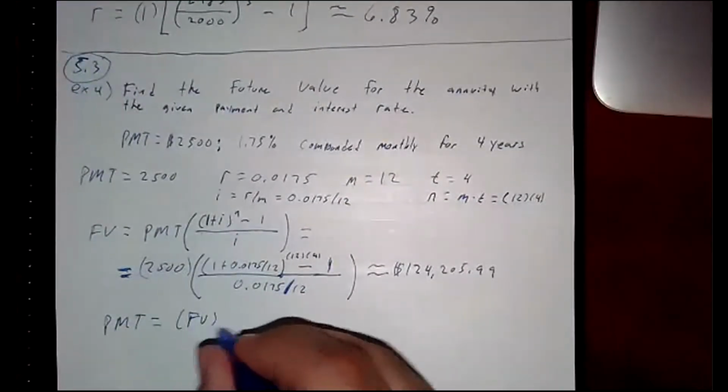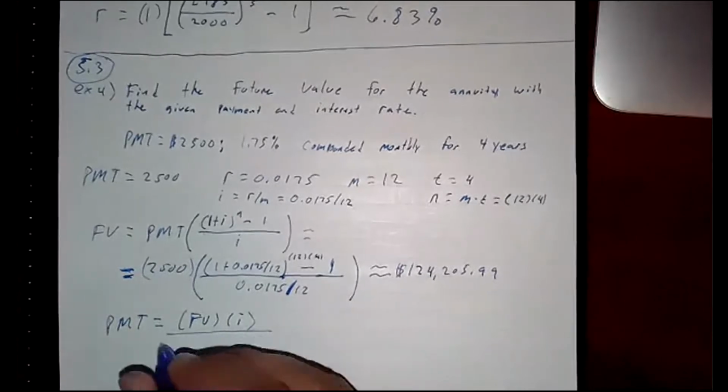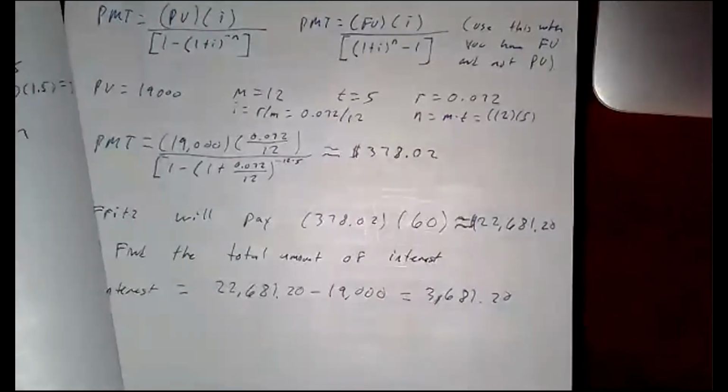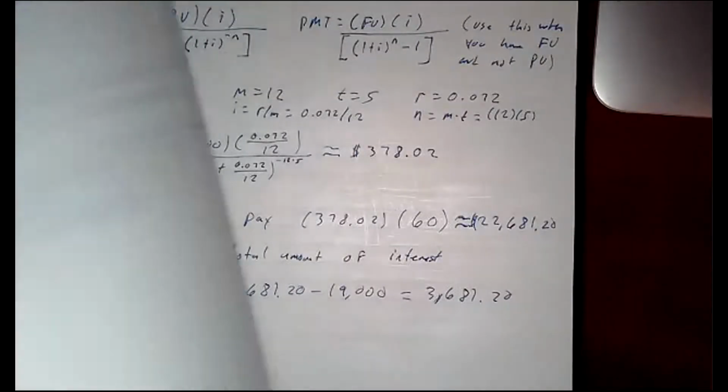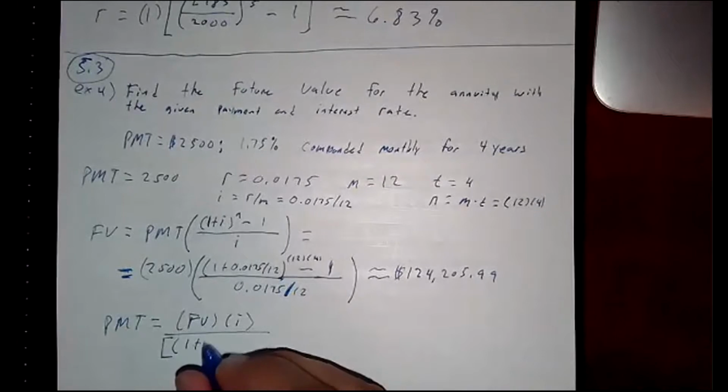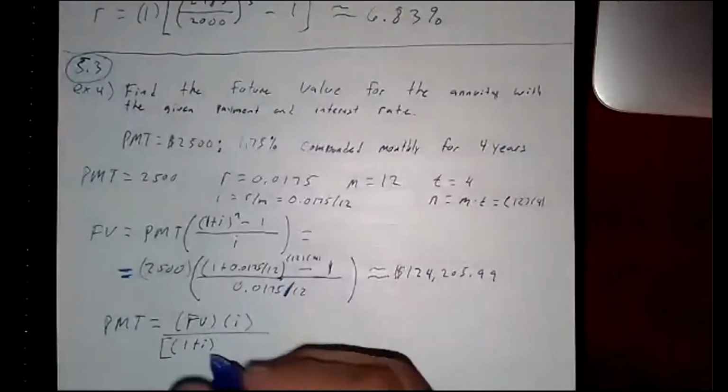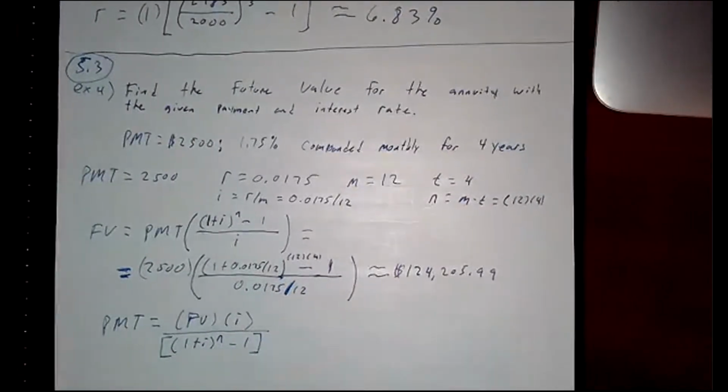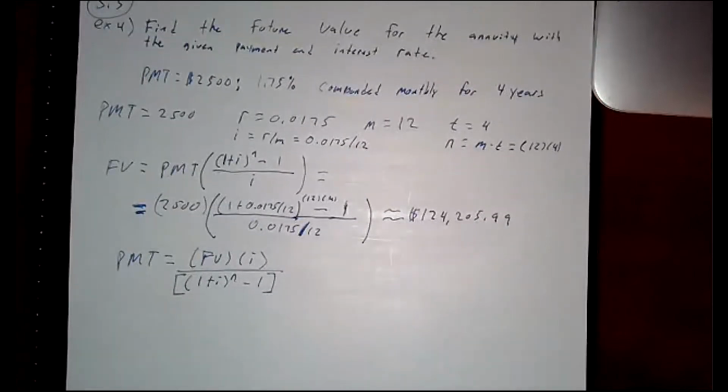Here it was FV times i over 1 plus i to the n minus 1. So in 5.3, they could ask for future value, or they could also ask for the interest, which remember means you subtract the future value versus what you started with, the present value, if it comes up.